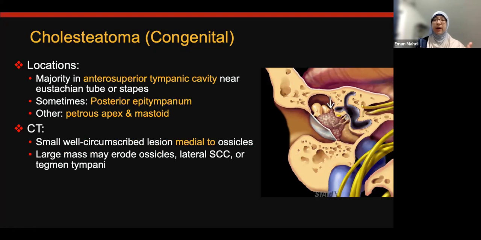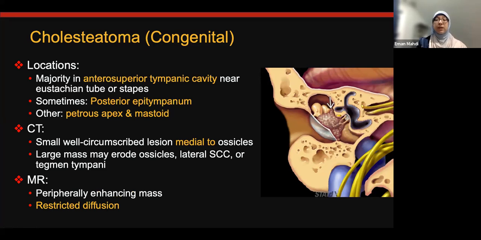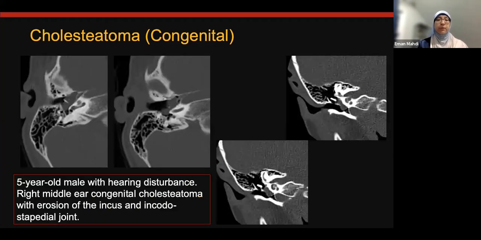On CT, it's a well-defined lesion, medial to the ossicles, but when it becomes large, it can erode the adjacent ossicles, the lateral semicircular canal or the tegmen tympani. On MRI, as with any cholesteatoma, you see only peripheral enhancement but no central enhancement, and restricted diffusion on DWI images.